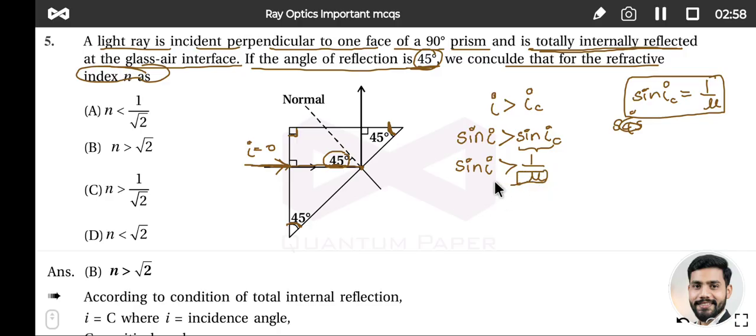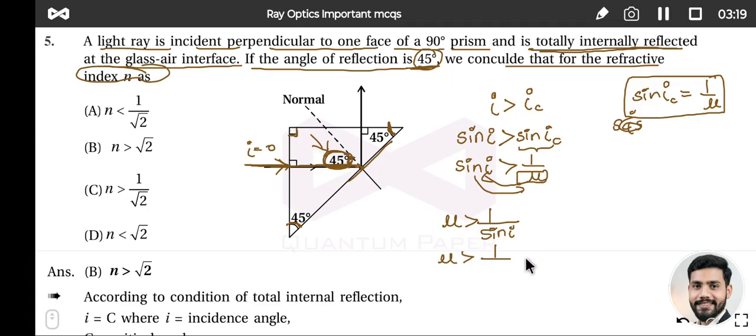So if I take this mu here and sine i there, we get mu is greater than 1 upon sine i. The angle of incidence for this surface is 45 degree, which is given. So mu is greater than 1 upon sine 45 degree.